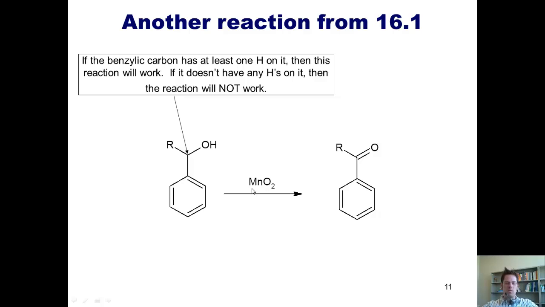If I treat that with manganese dioxide, it will oxidize it up one bond to benzaldehyde. If by comparison this is an alkyl chain, then this is a secondary benzyl alcohol. It will be oxidized up to the ketone shown here. Manganese dioxide will only work if you're starting with a primary or secondary alcohol.